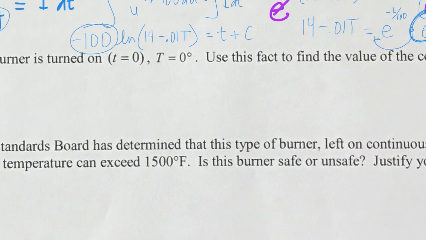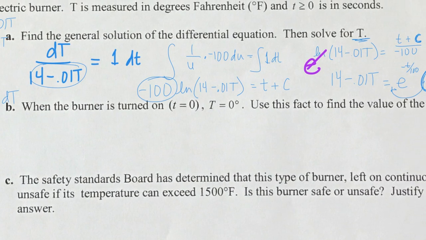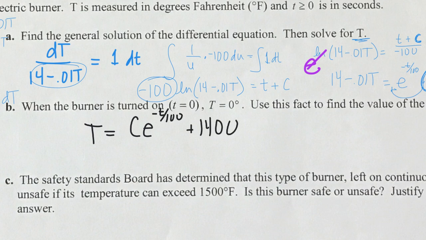Whew. So now we have your initial condition. Let me write that down again. T equals ce to the negative t over 100 plus 1400. So now we know that at 0, when little t is 0, big T is 0.